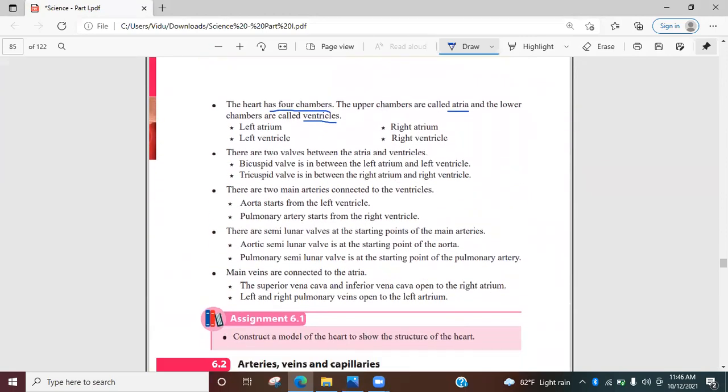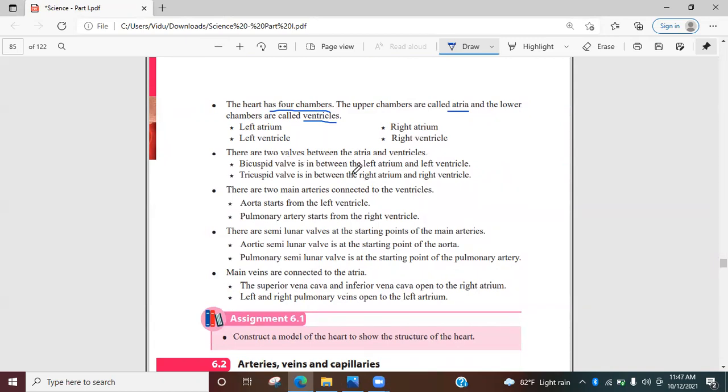As you saw in the pictures, the heart has 4 chambers. The upper chambers are called atria and the lower chambers are called ventricles. There are left atrium, left ventricle, right atrium and right ventricle. These are the 4 chambers of the heart. There are 2 valves between the atria and ventricles.